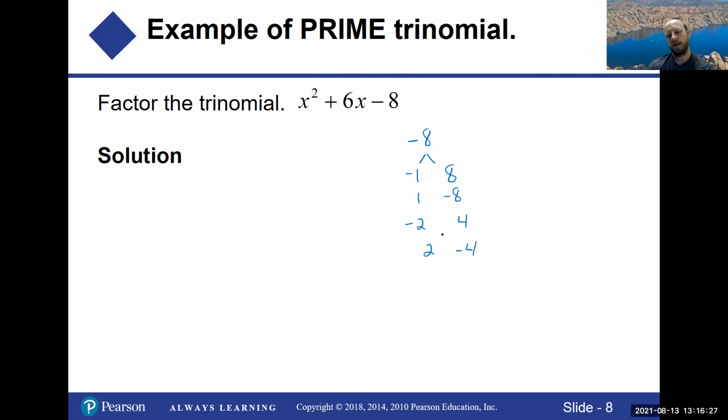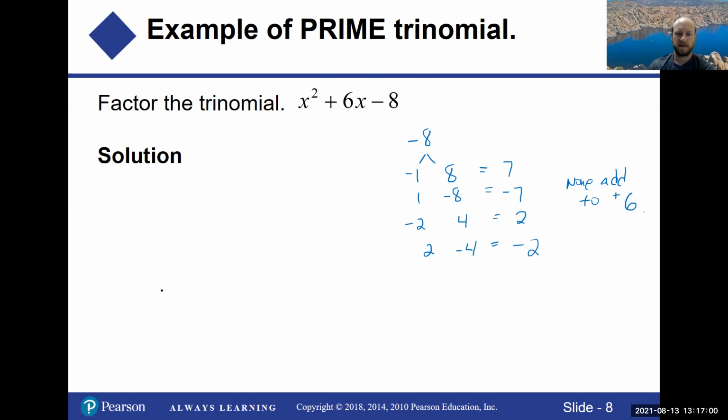But once you've gone through all the options, do any of these add to 6? Well, -1 and 8 add to 7. 1 and -8 add to -7. -2 and 4 add to +2. 2 and -4 add to -2. So none of these add to +6.